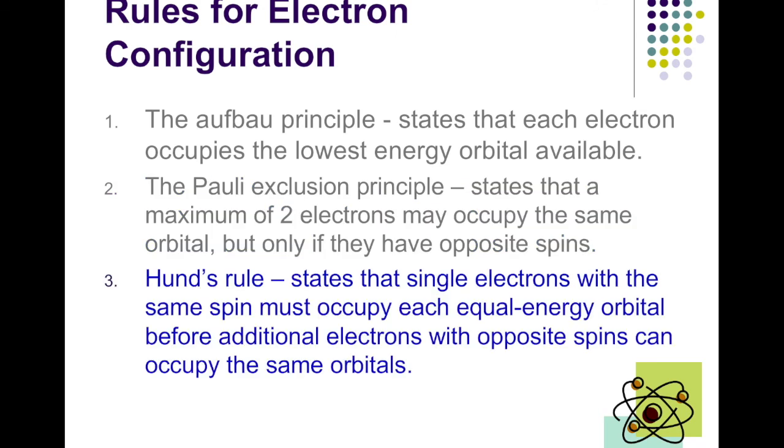And then this moves into the last thing, Hund's rule. Hund's rule states that single electrons with the same spin must occupy each equal energy orbital before additional electrons with opposite spins can occupy the same orbitals. This goes along with one of your activities tomorrow. Let's say you have 2 pigs, and they don't like seeing each other, but they can stand being in the same room as long as they don't see each other.